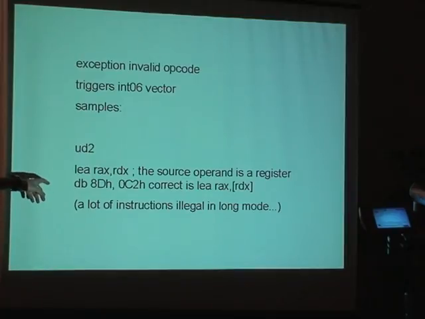And even such a simple instruction like LIA can produce exception invalid opcode, because flat assembler doesn't allow you to compile this instruction, but you can do it manually this way. UD2 has been reserved in the opcode table to always produce an invalid opcode. It can be useful if you're doing some virtual machine programming to trap out to the kernel.